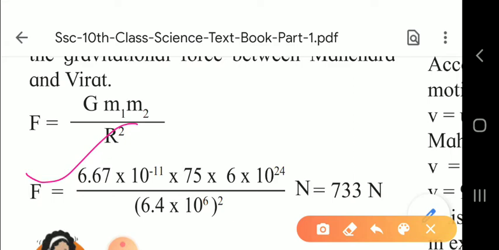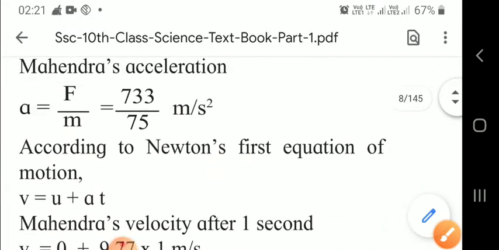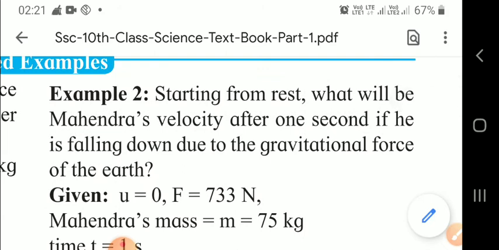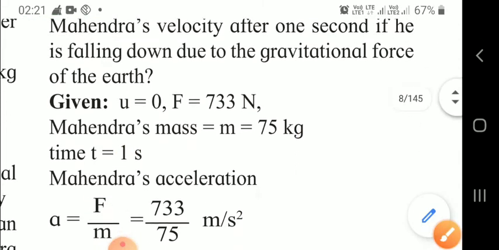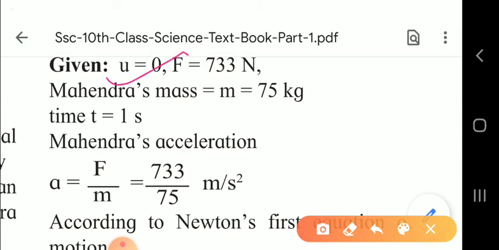Now let us see the second example, children. This is the second example. Starting from rest, what will be Mahindra's velocity after 1 second if he is falling down due to gravitational force of the earth? So here we can see, children, that u is given 0 because the initial velocity is 0.